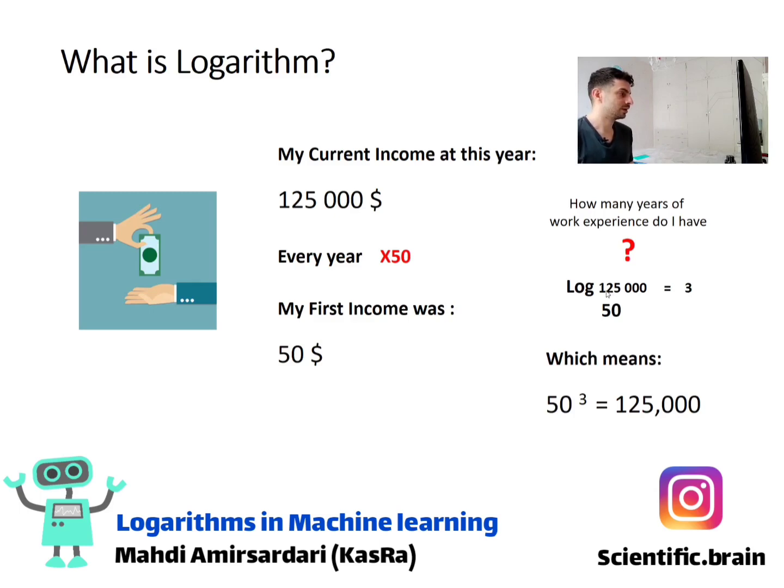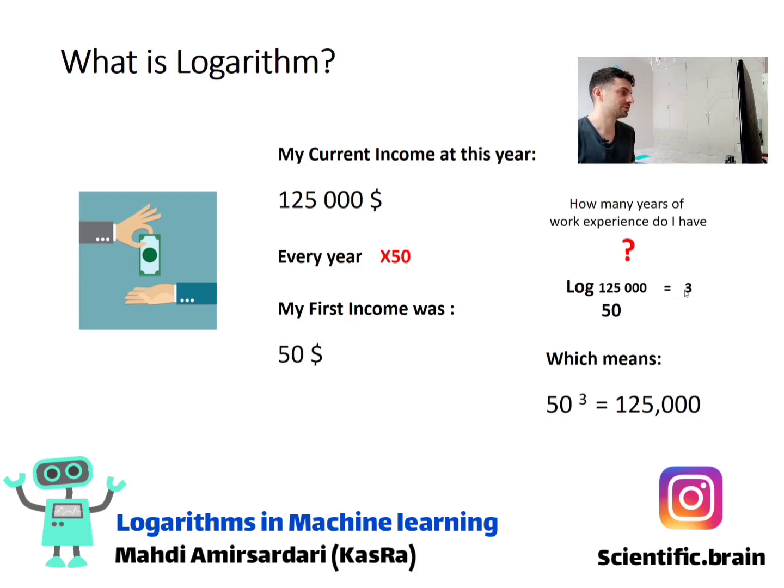So the huge number that indicates my current income, which is $125,000, is illustrated in another way, which indicates my years of experience, with a base of 50. It means that we just want to see how many times the base number of 50 is multiplied by itself to achieve $125,000.